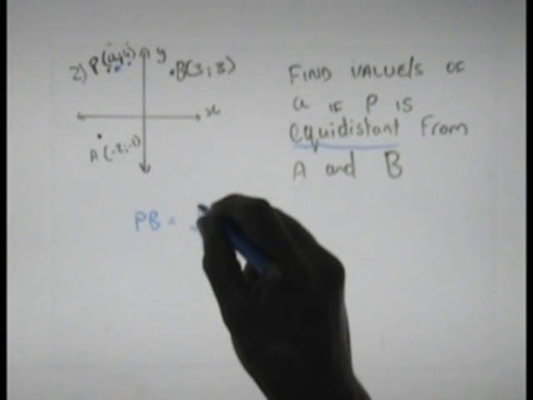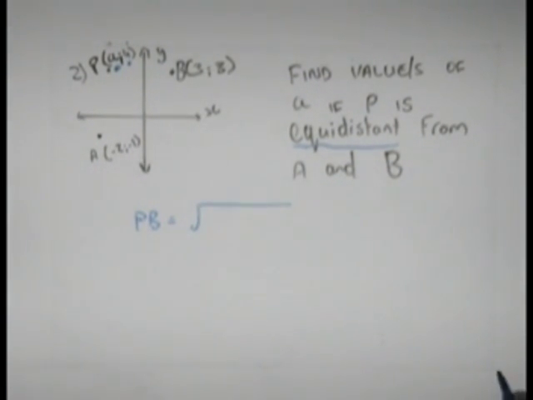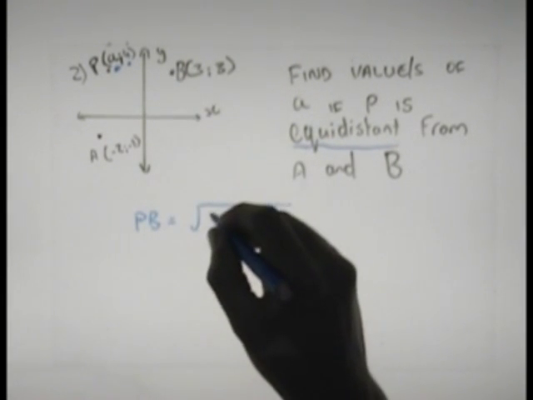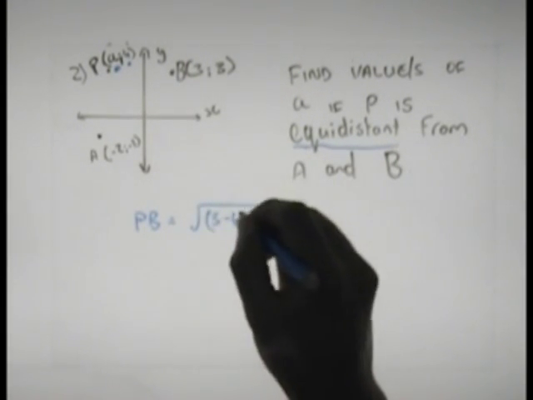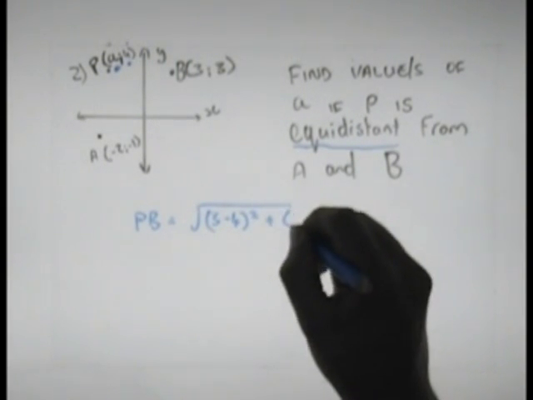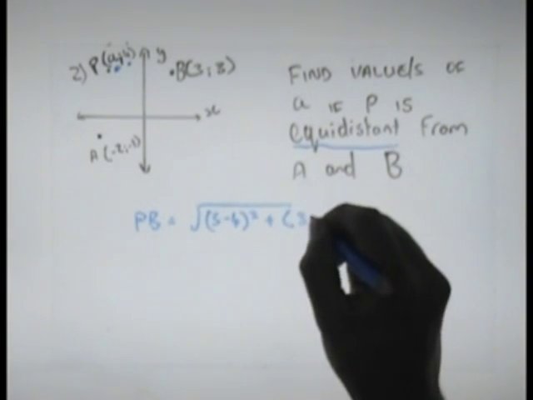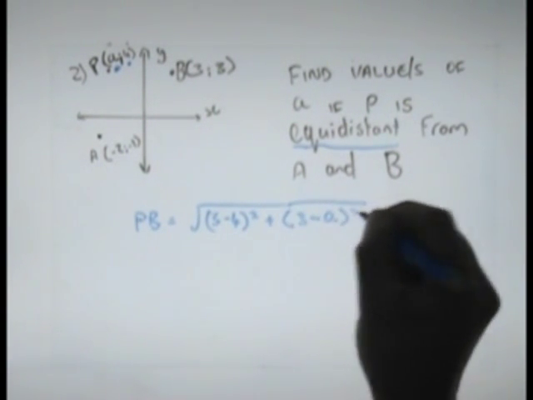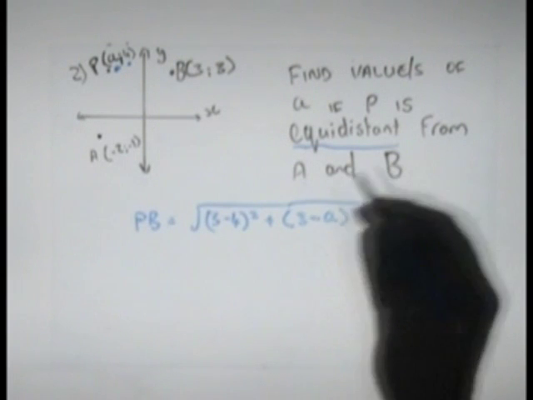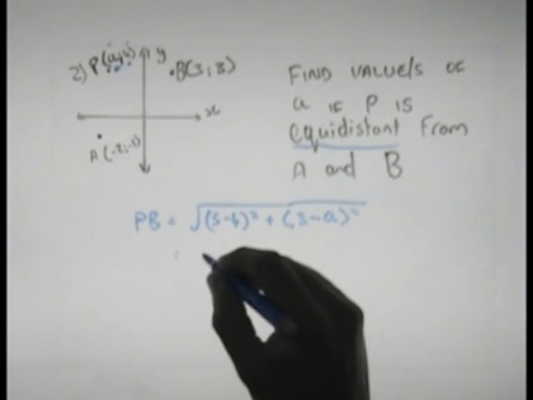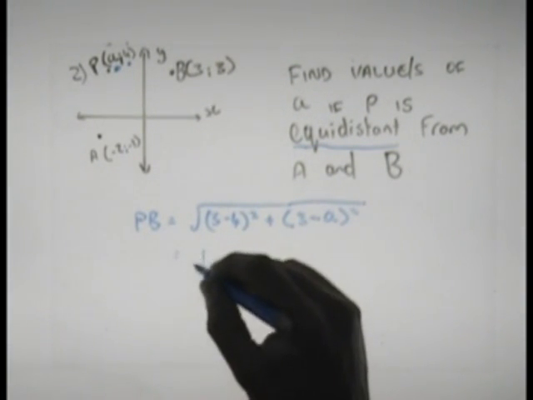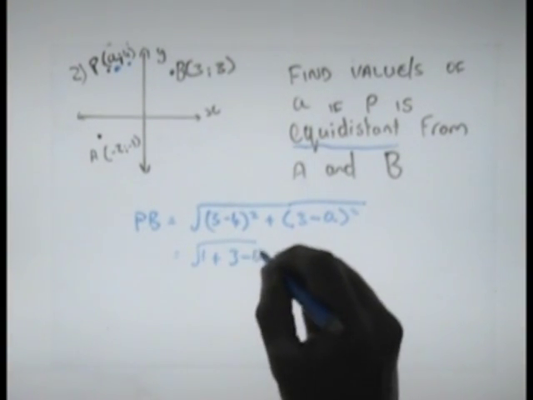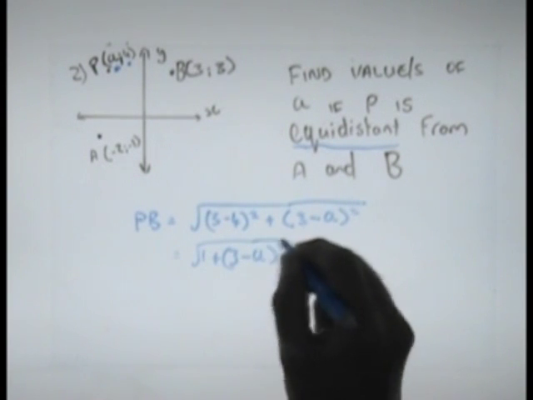PB is going to be given by the square root of y2 minus y1, which is going to be 3 minus 4 squared, plus x2 minus x1 squared. That's going to give us 3 minus 4 is negative 1, squared is positive 1, plus, let's just leave that for now as 3 minus a, all squared.